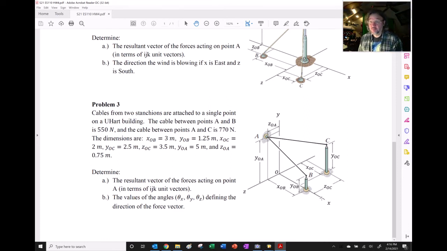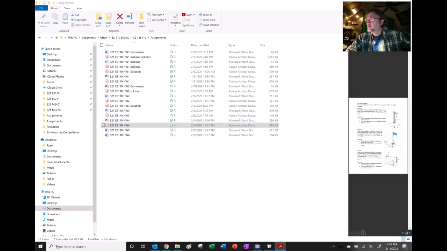I'm concerned I haven't heard from anybody yet asking about that and asking me other questions. So anyway, here it is right here, where I have put in that ZOA of 0.75 meters. So continuing on here.